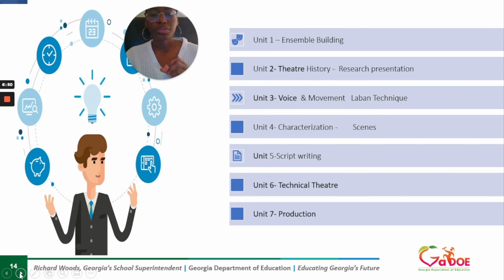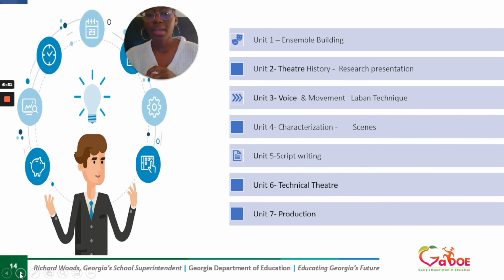Unit 3 is a combination of the voice and movement unit, and we look at Laban technique. Unit 4 is characterization, and I mainly have my students do a lot of scene work. Unit 5 is script writing.